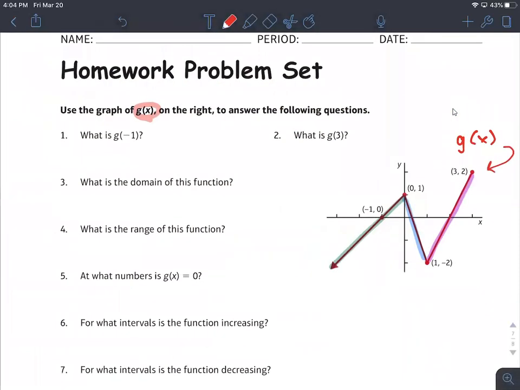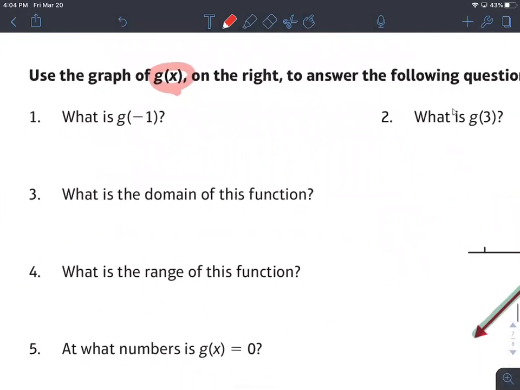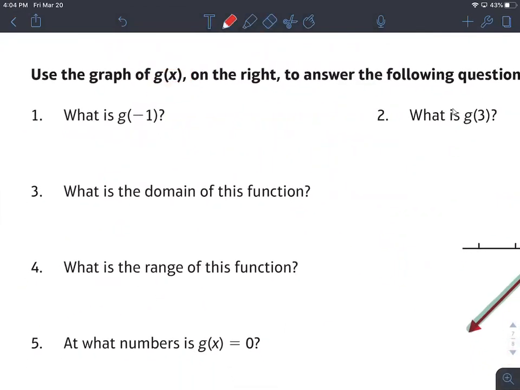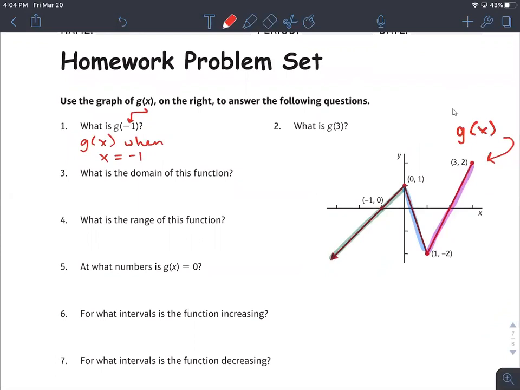All right, so let's take a look at what we're working with here. I want us to evaluate or figure out what g of -1 is. Keep in mind, y'all, that -1 is the replacement for the x. So basically this question is saying, what is g of x when x is -1? We're going to cruise over to our graph and look on the x-axis where x is indeed -1.